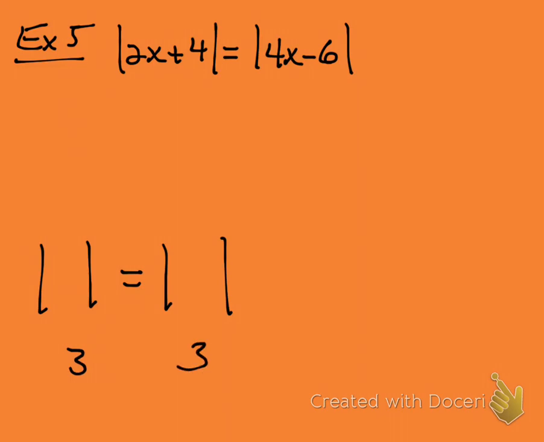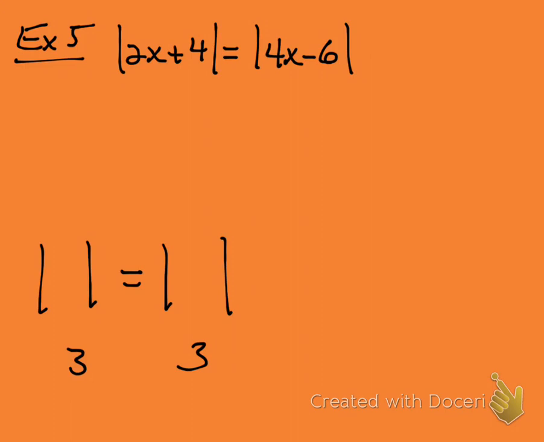Once I did the absolute value, I got 3 on both of them. There's two possibilities. Either they were both 3 already, or they were both exactly the same, or they were opposites. That's the two possibilities. They were the same or they were opposites.